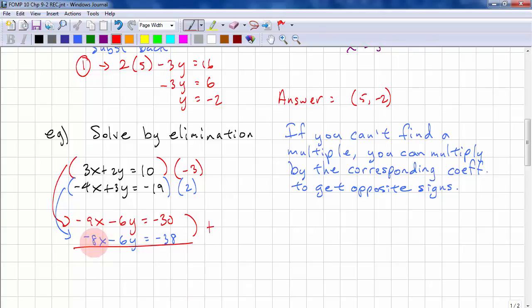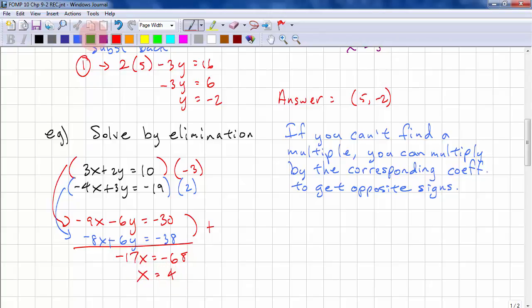Negative 9 plus negative 8 is negative 17x. And negative 30 plus negative 38 is negative 68. And negative 68 divided by negative 17 gives us 4.